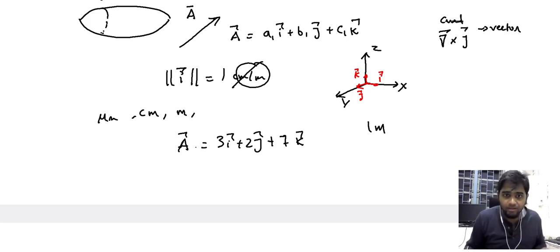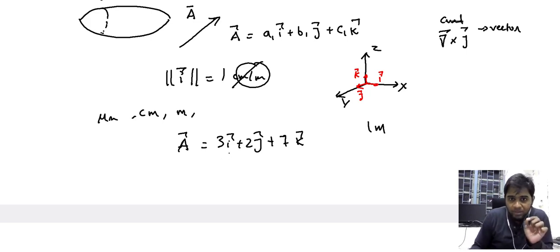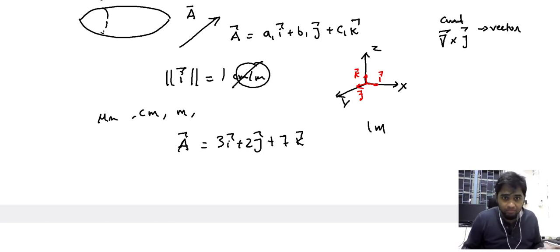So again, I am considering i, j and k unit vectors of length 1 meter, and when I want to have a vector, I have to move 3 meters along the x-axis, 2 meters along the y-axis and 7 meters along the z-axis.